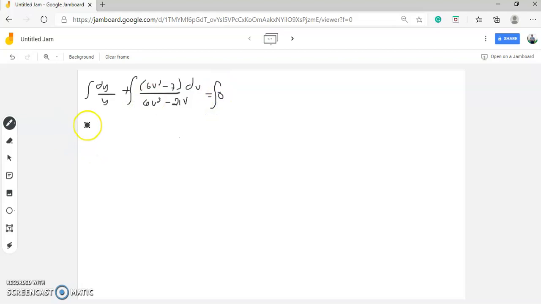Now, question: how will we integrate this? We know this one is logarithmic. How will we integrate the second one? Guys, how will you integrate that one?